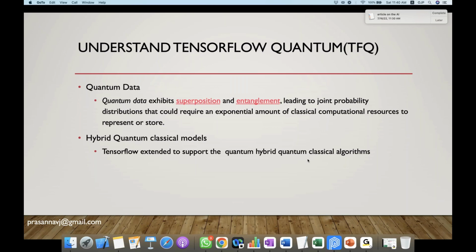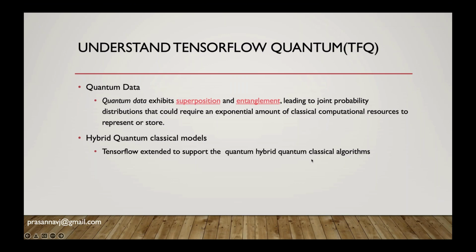So now they have built a hybrid of these two, which is the quantum classical models. One example is the quantum neural network, where you take the typical neural network and utilize the quantum on top of it to create a hybrid structure. Don't worry if you don't understand any of this, we will see shortly how it is going to look. Okay, so these two important things we need to take care of when we are talking about TensorFlow Quantum as such.